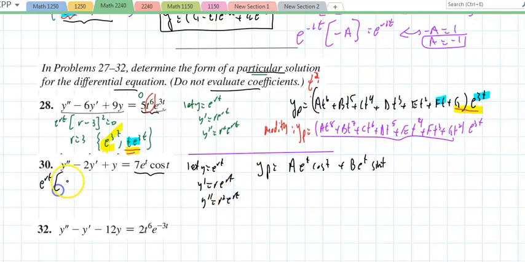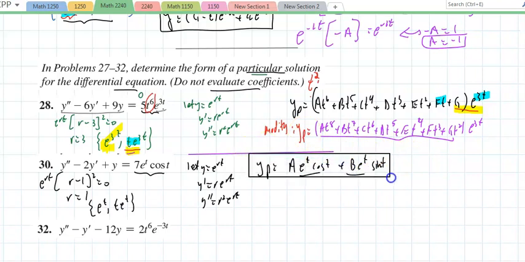E to the rt times (r minus 1) squared, if you factor that. So r equals 1. So we have e to the t and t e to the t. Since that's not part of those, that would be the form of the particular solution, and it doesn't need modification.